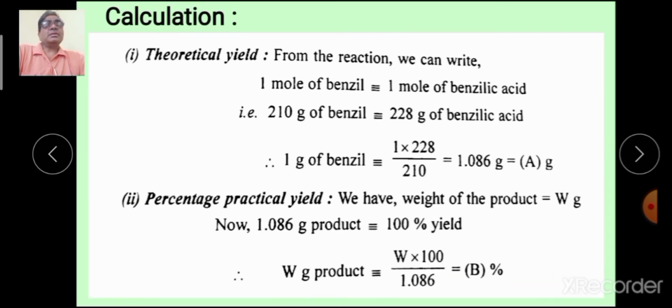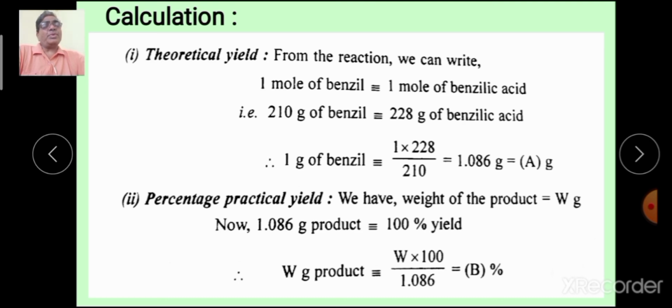Calculations. First one is the theoretical yield from the reaction. From 1 mole of benzil, we have obtained 1 mole of benzilic acid. What is 1 mole of benzil? It is 210 grams of benzil, which is equivalent to 228 grams of benzilic acid, and we have taken 1 gram.